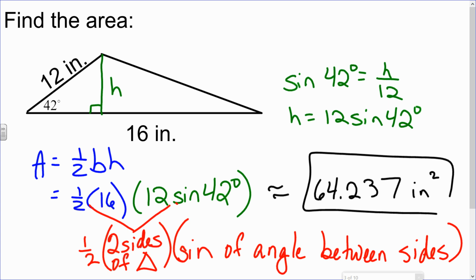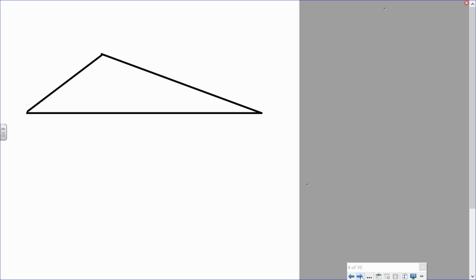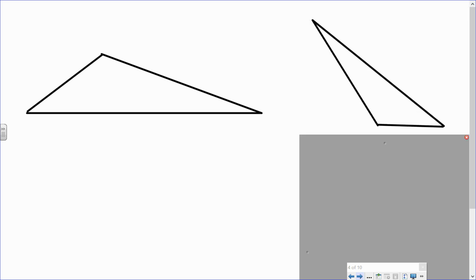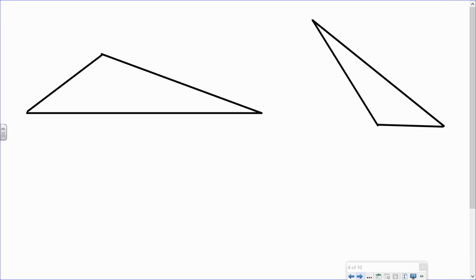So we ought to see if we can prove it with variables so that we know it's not true just for this kind of triangle. So let's do that. First we're going to do it for a triangle very similar to what we just did. But then we're going to need to also think about a triangle like this.